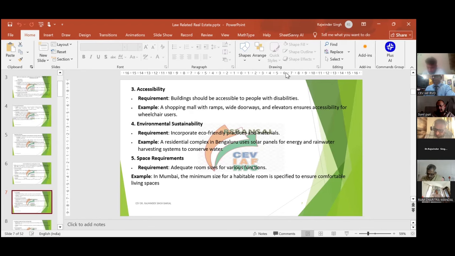Similarly, in case of commercial buildings, minimum size of the staircase, width of the staircase, minimum requirement of bathrooms, passages. All these things have been provided in the National Building Code 2016. So this provides details for adequate room sizes for various functions. For example, in Mumbai, a minimum size of habitable room is specified to ensure comfortable living spaces.